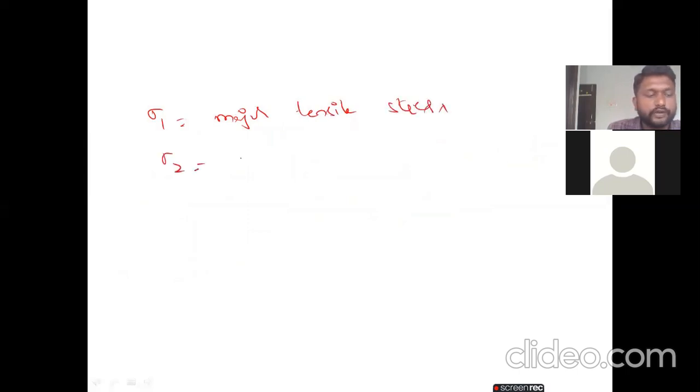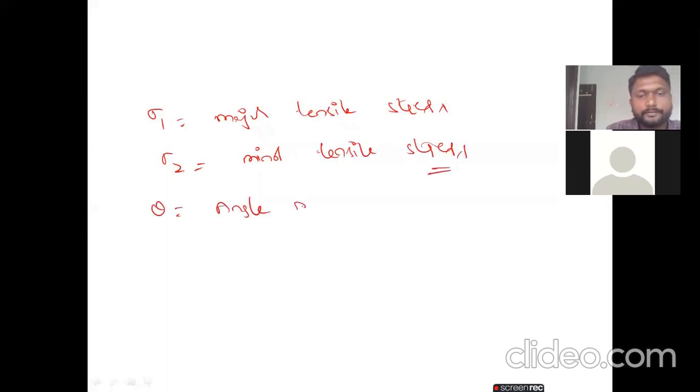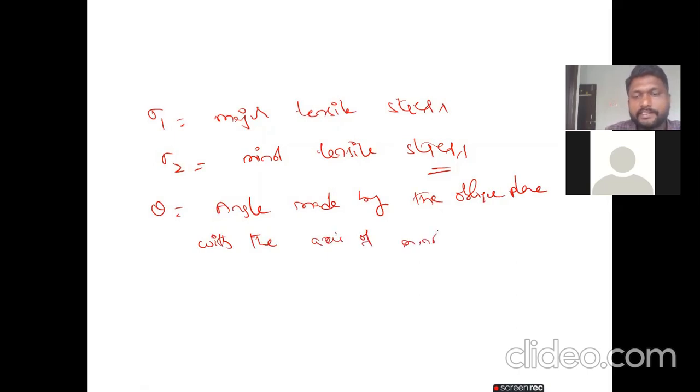So let us assume sigma 1 equals the major tensile stress, sigma 2 equals the minor tensile stress, and theta equals the angle made by the oblique plane with the axis of the minor tensile stress.